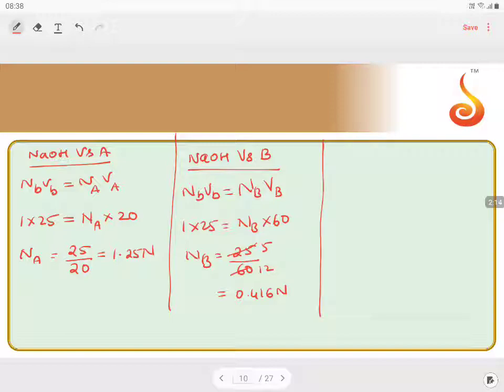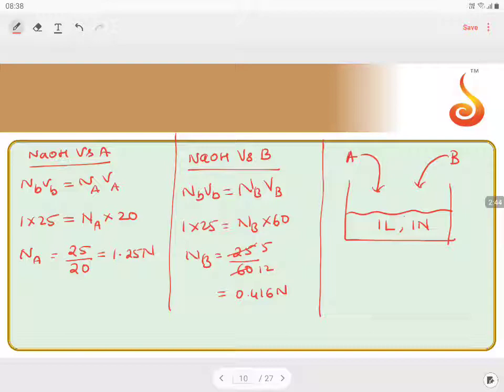Now the question is, you have to add acid A and you also are adding acid B to each other such that the resultant solution is of 1 liter and the resultant normality of the solution is 1 normal.